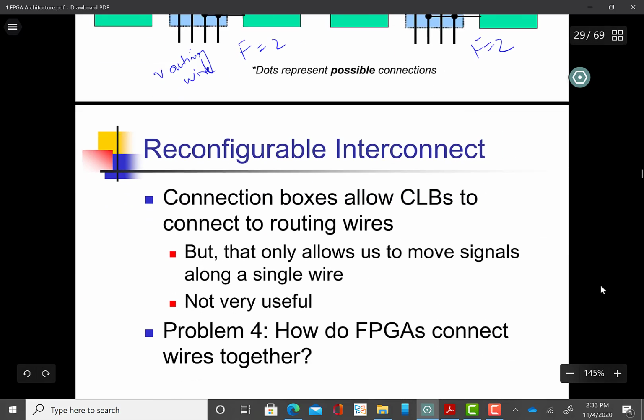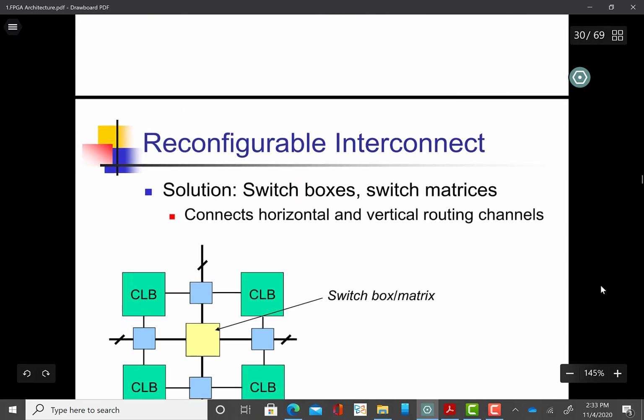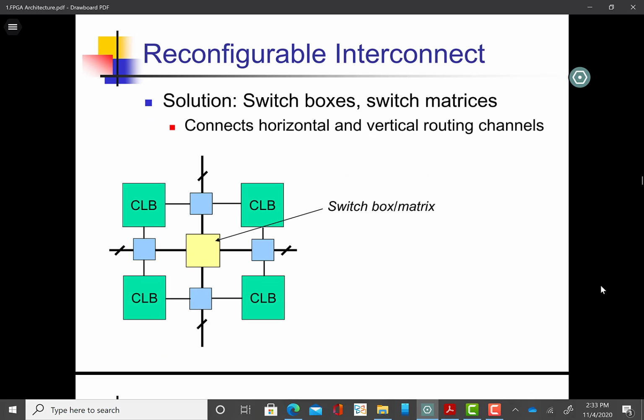What if I want to connect to multiple wires? How do FPGAs connect wires together? So that is problem number 4. The solution is what is called a switch box. You see this yellow square in the middle of these 4 CLBs.